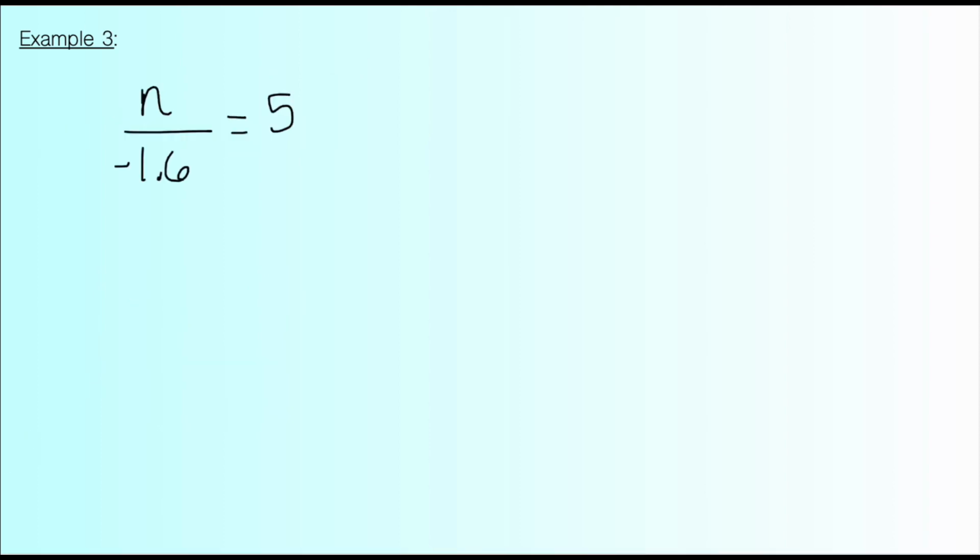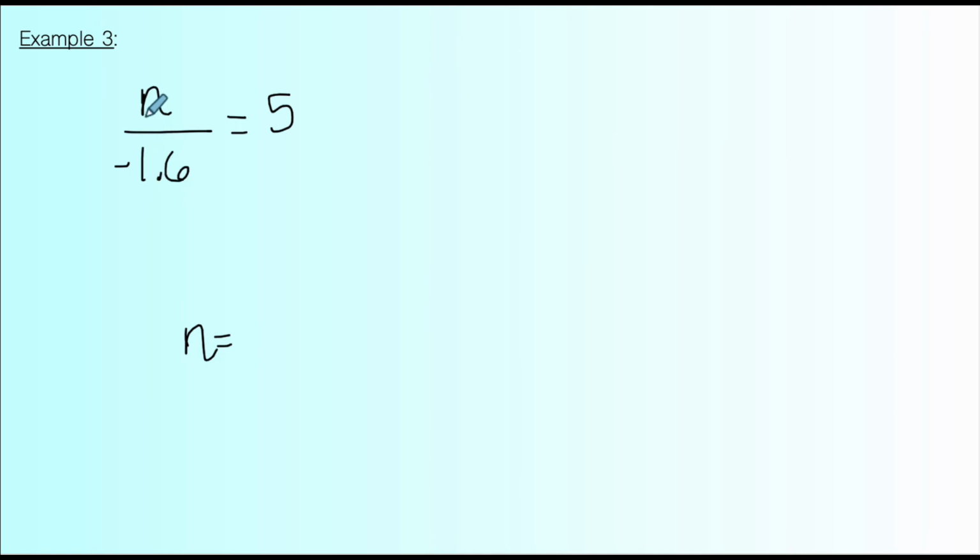Okay, we'll end with one decimal example, because I did say at the beginning that we're focusing on negative fractions and decimals. So here I've got n divided by negative 1 and 6/10, 1.6, which is equal to 5. To solve and figure out what n is equal to, I need to do the inverse to get rid of negative 1.6.